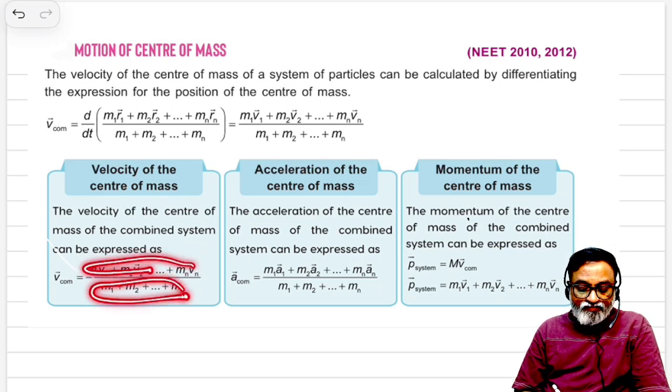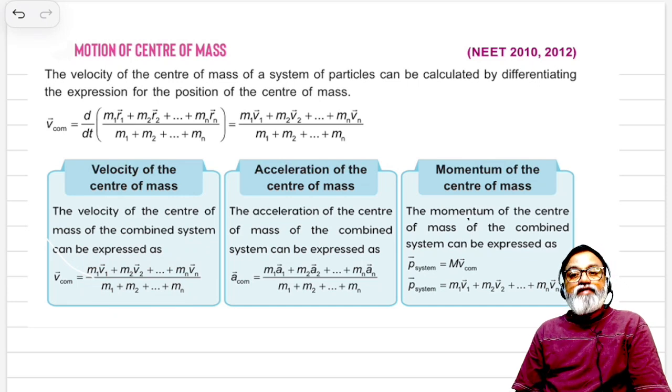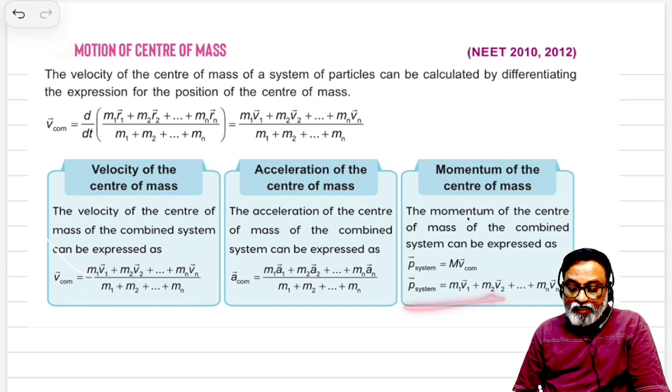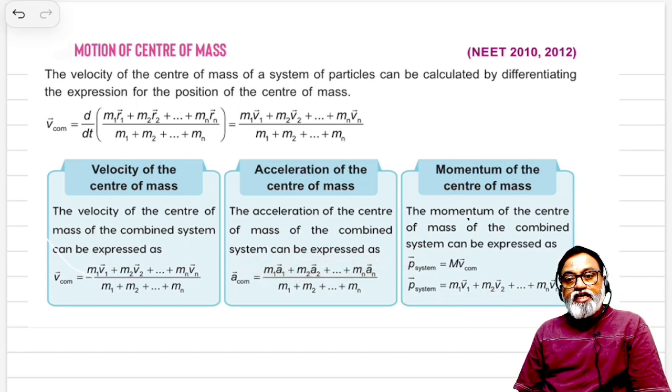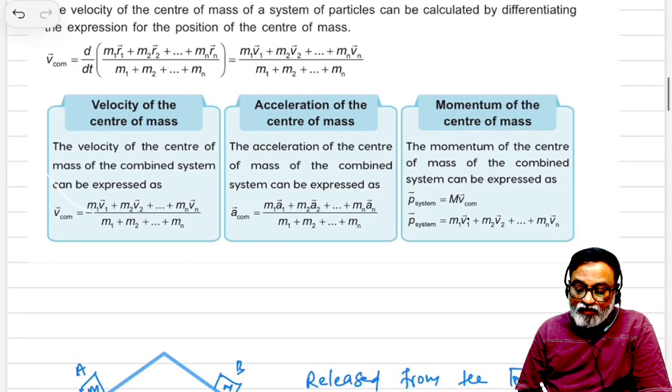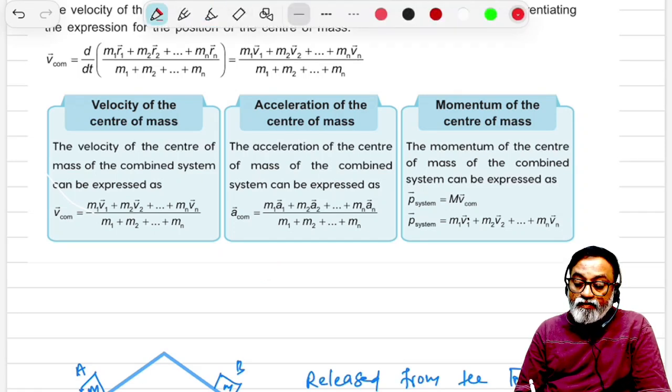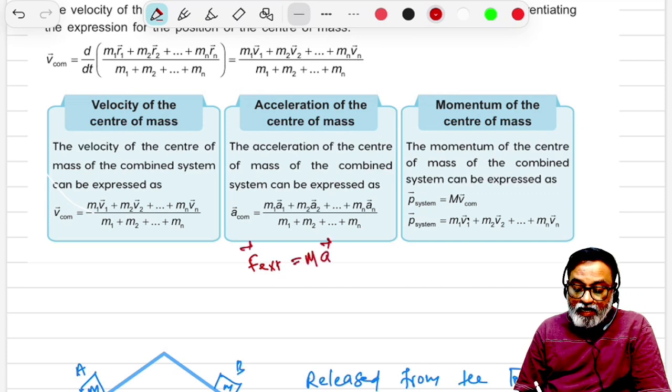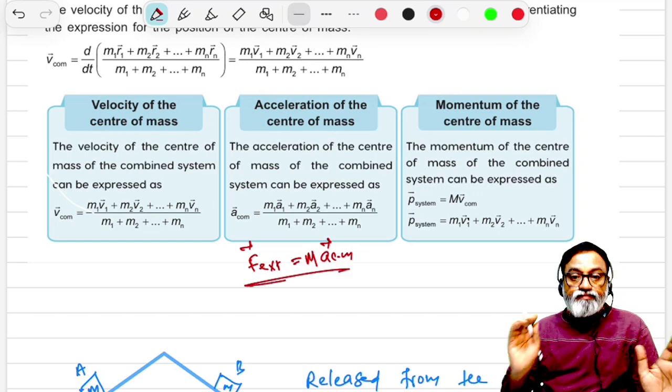Therefore, total momentum of the system is equal to total mass into velocity of center of mass. Here also m1 a1, m2 a2, and so on mn an, that is F external. This we can write down as F external bar is equal to total mass into acceleration of center of mass.